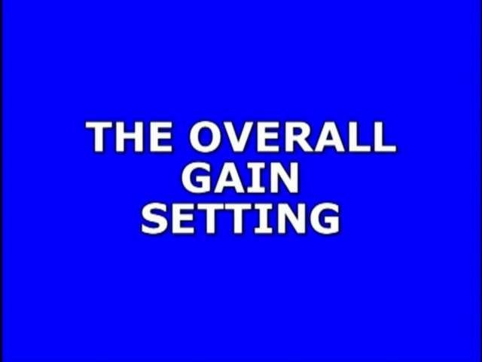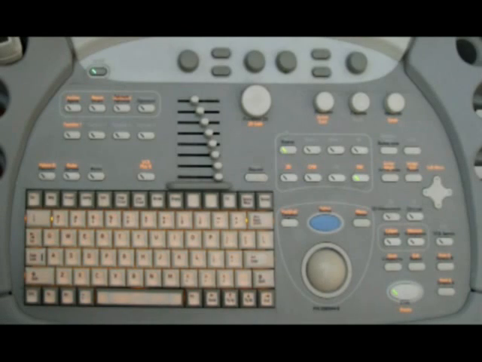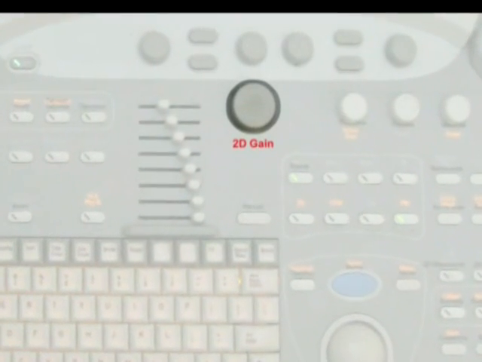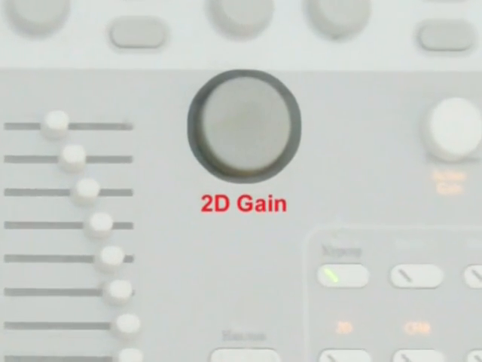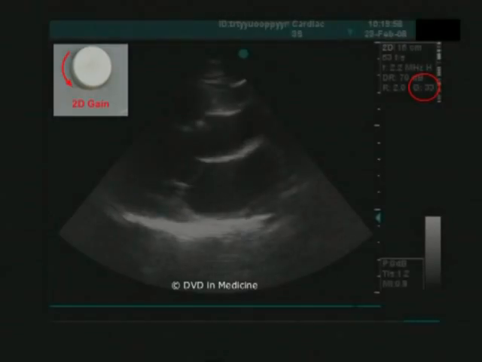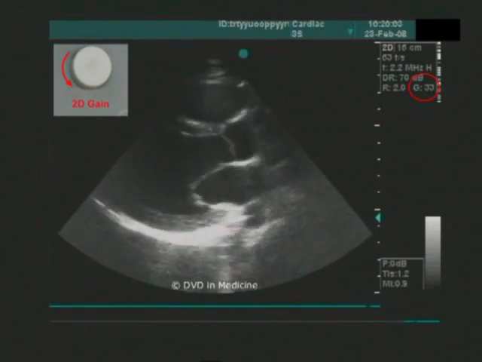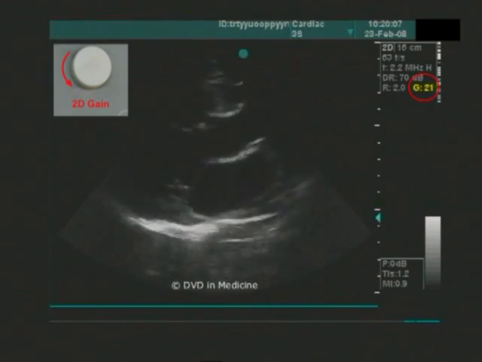The overall gain setting. The overall gain setting allows us to enhance the image uniformly. One frequently changes this setting during the course of the examination. In this clip, we demonstrate how the real-time ultrasound image changes when the overall gain setting decreases.